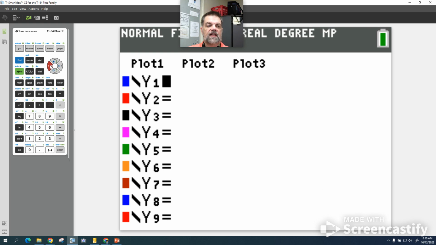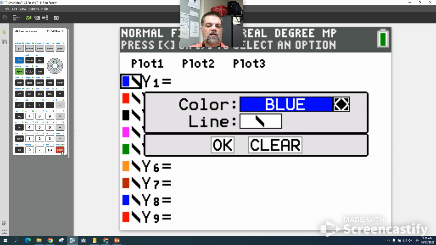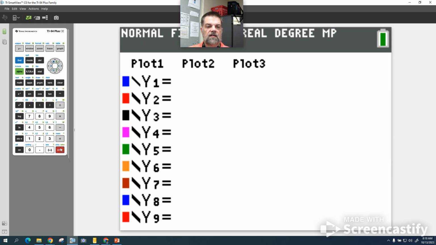And then you'll probably have something that doesn't look like this. So scroll over using the left arrow key, and then you hit your enter button. Now on the older calculators, you just toggle through by hitting enter, and it has these different images. Just keep hitting enter until you have a straight line. Okay? Now I'll wait till you're done with that.